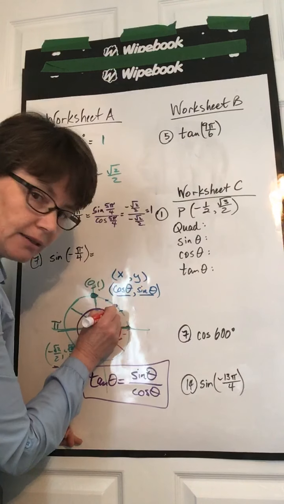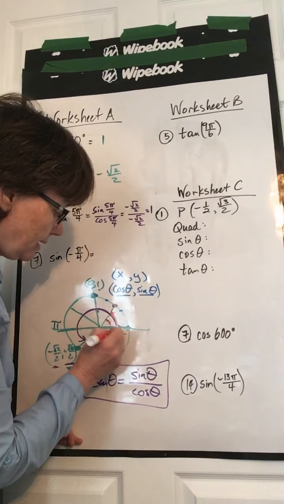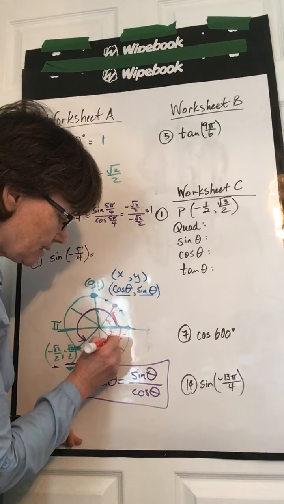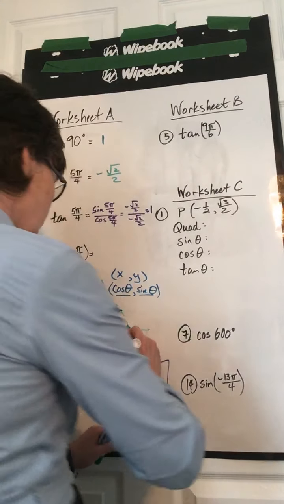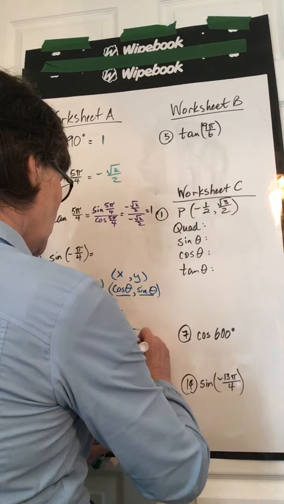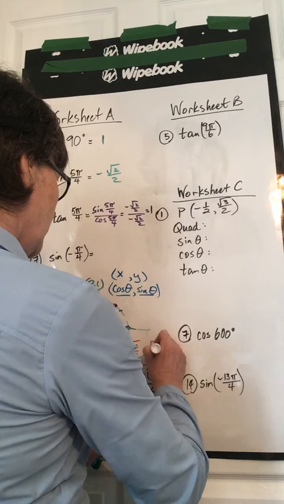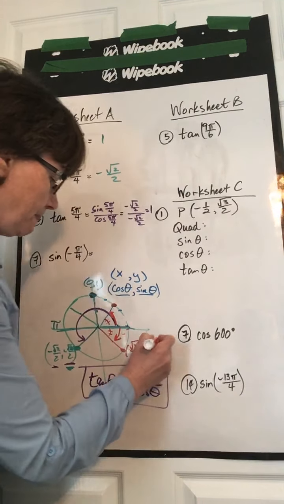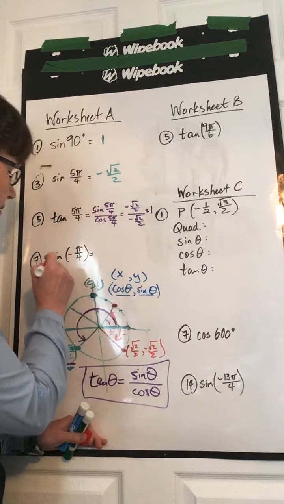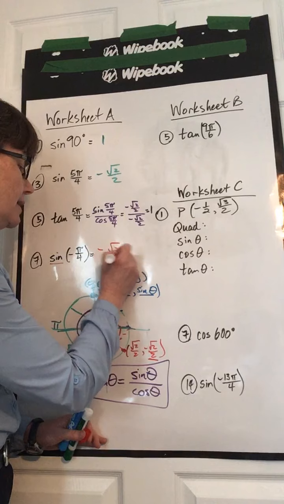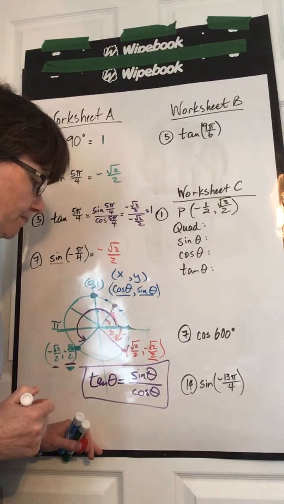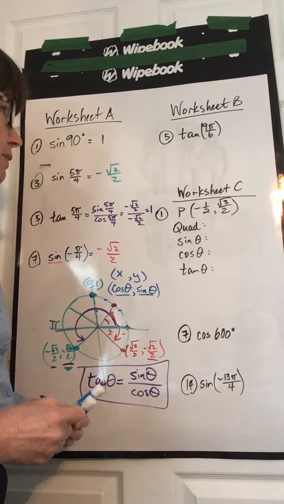The size of a positive pi over 4 angle has to be equal to the size of a negative pi over 4 angle. That will bring us down here, which is (root 2 over 2, negative root 2 over 2) for our ordered pair. Sine represents y coordinate, therefore our answer is negative root 2 over 2. All right, hopefully you'll be able to do the rest of those.